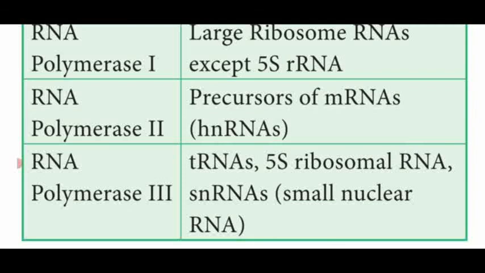Then RNA polymerase 3 makes tRNAs, 5S ribosomal RNA and small nuclear RNAs. So these are the three types of RNA polymerases which are responsible for the transcription process.